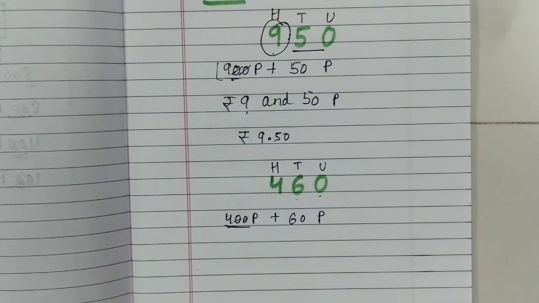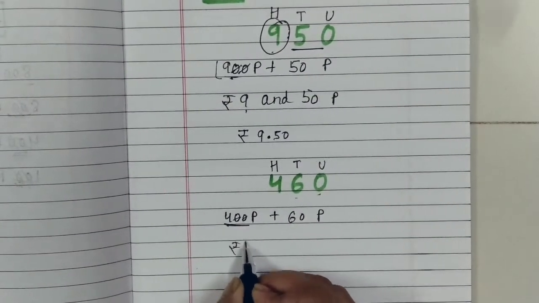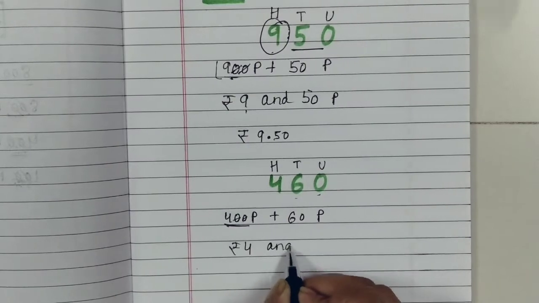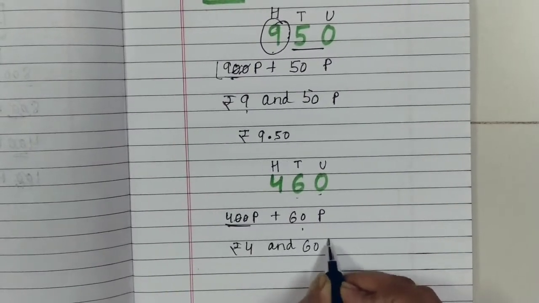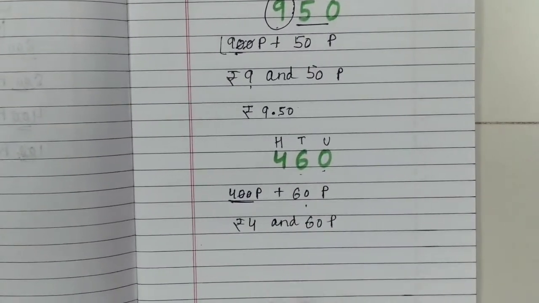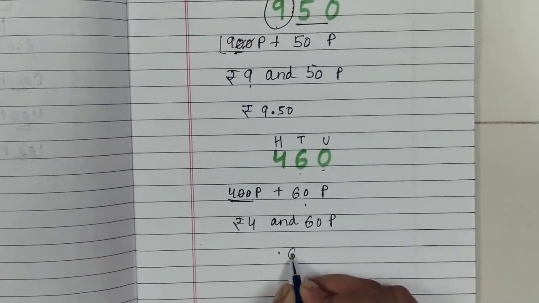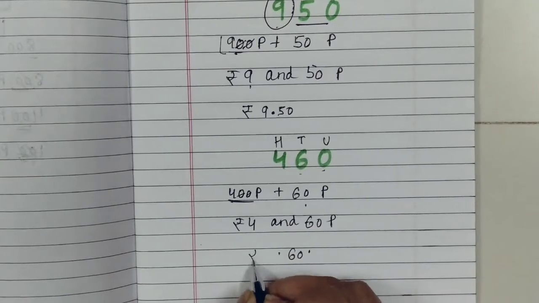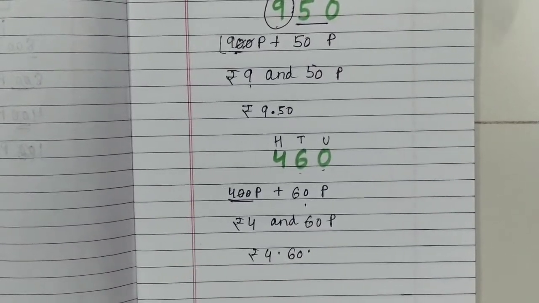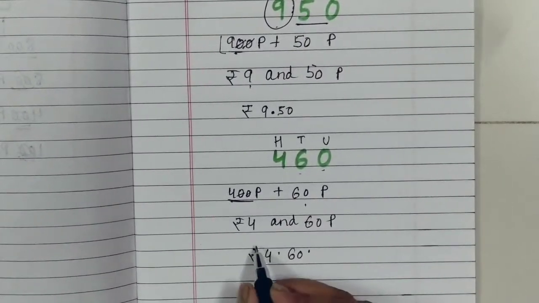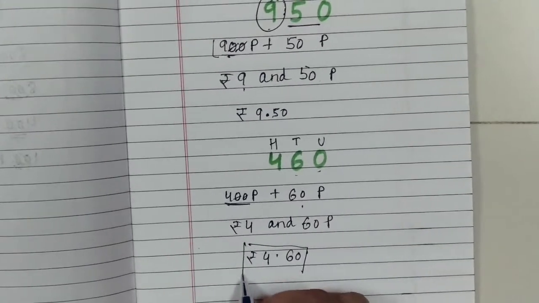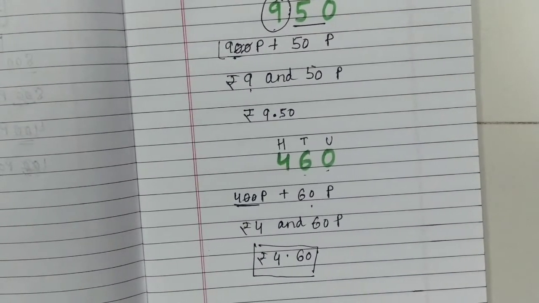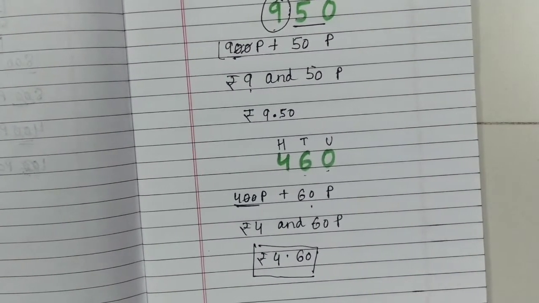Remove 2 zeros, it will be rupees 4. And 60 paisa. How can we write it? Put the decimal. On the right side write the paisa, and on the left side write the rupees. So it would be 4.60 rupees.